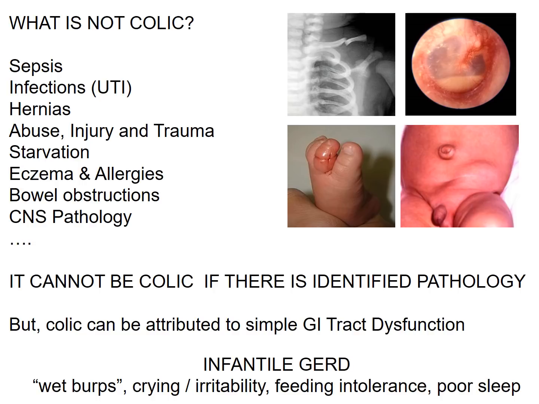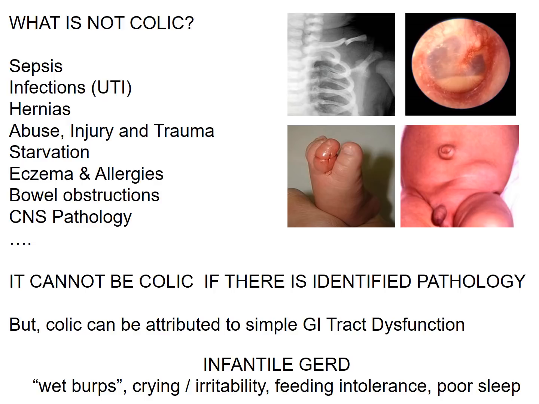So in the photos here, we've got a broken clavicle, which may happen as a result of abuse, otitis media, fairly common cause of irritability in young infants, hair tourniquet syndrome, hair or some other strand of fiber gets wrapped around a digit. You'd be surprised how often we see that. Incarcerated hernia on the lower right. Again, all these types of things are not colic.